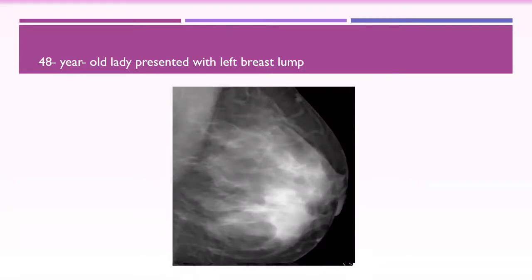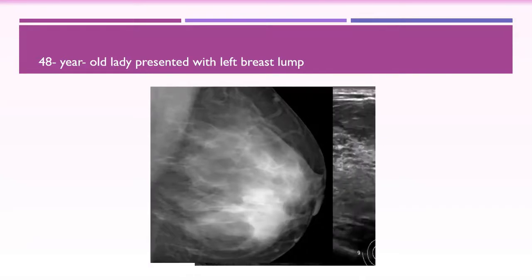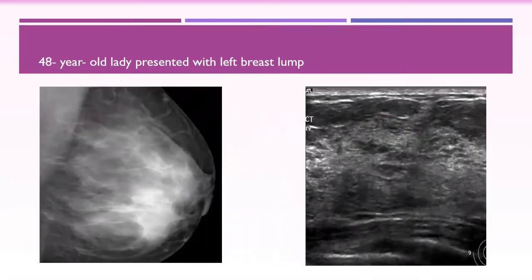Next, it will be compression. It shows a focal area of asymmetry with extension into the subcutaneous fat up to the skin. So we call it what?